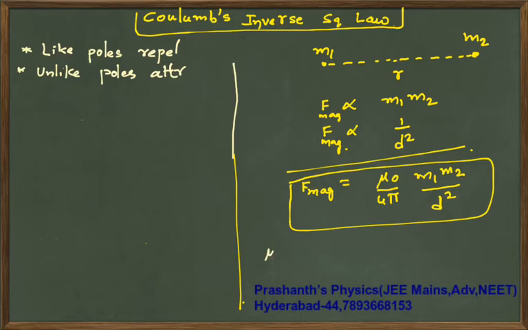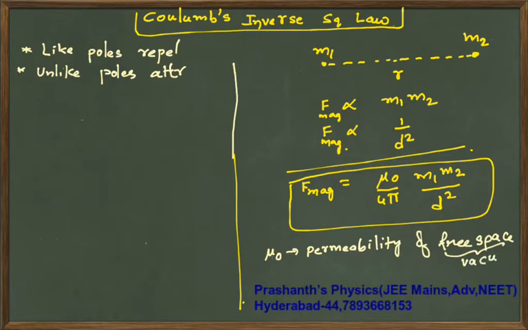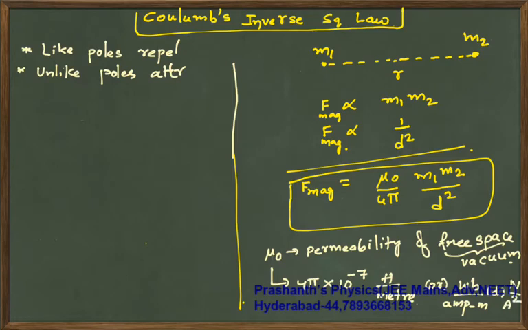In this, mu naught is the permeability of free space or air, free space in the sense of vacuum. This mu naught value is 4 pi into 10 power minus 7 Henry per meter. How this Henry per meter comes, I will tell you everything. Or your unit is Weber by ampere meter, or Newton per ampere square. How it comes, don't worry, I will tell you.